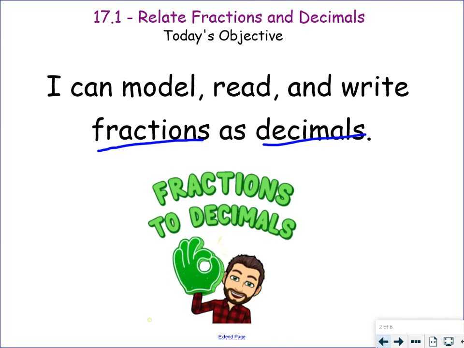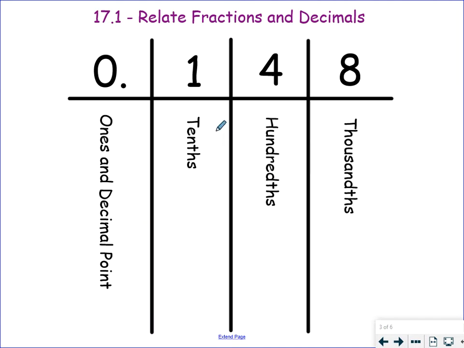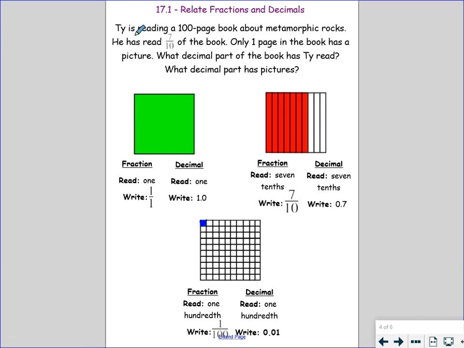Let's start. Just another quick thing here: ones and decimal point. We have tenths, hundredths, and thousandths. So Ty is reading a 100-page book about metamorphic rocks.